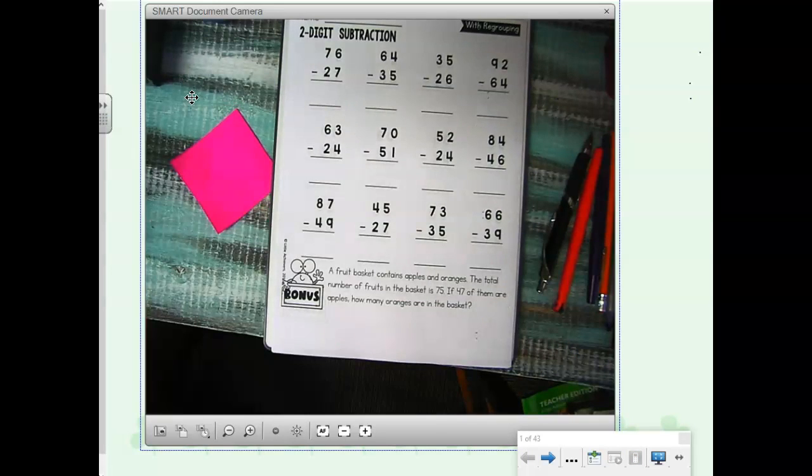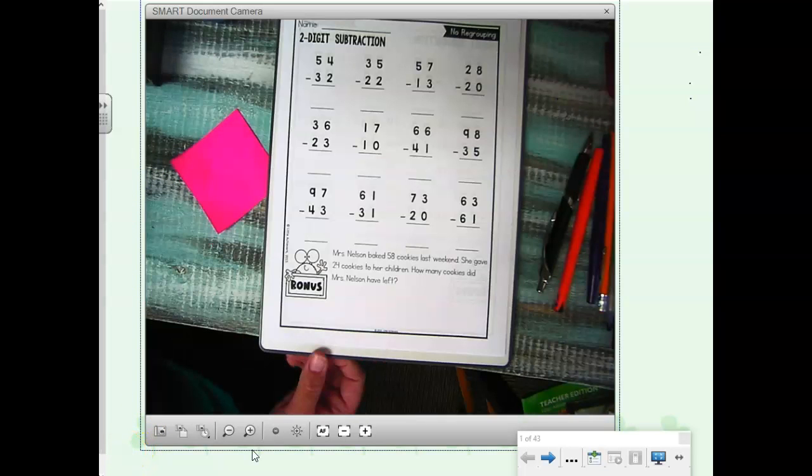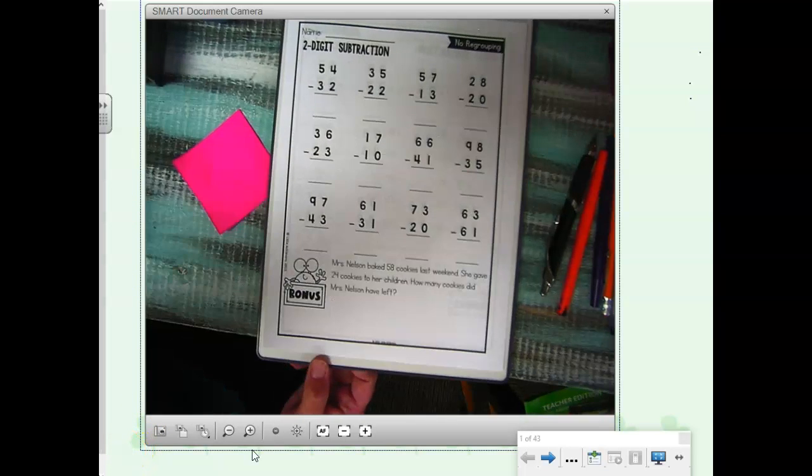It should say no regrouping. Miss Spires will pause and get the right one. All right guys, Miss Spires has the right packet now.